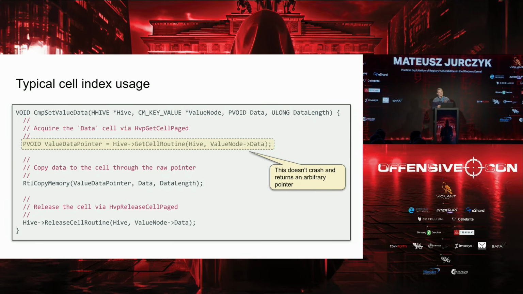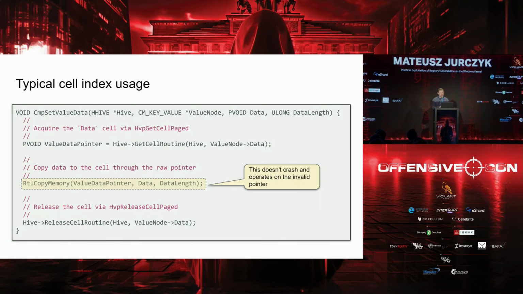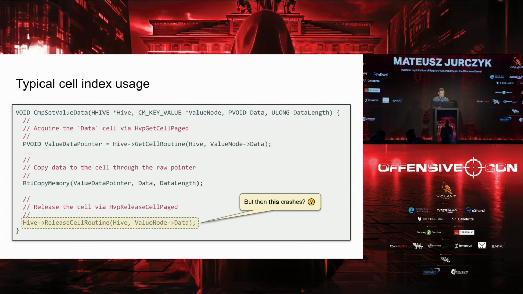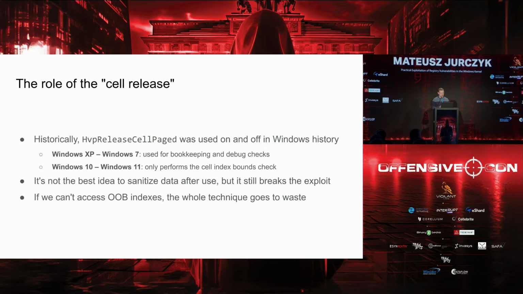First of all, we translate the cell index into the pointer. In our case, it works correctly, as I mentioned. It doesn't crash and just returns an arbitrary pointer. Then the second part is also fine. It just copies the memory where it should. And suddenly, the third step, for some reason, crashes. I cannot explain why it behaves like that or why the check is there.